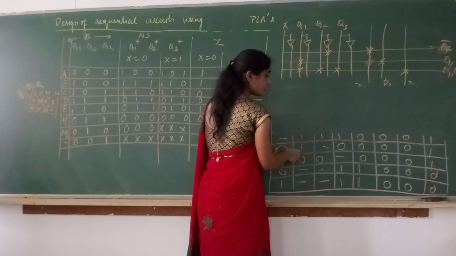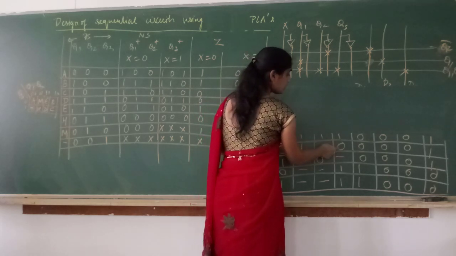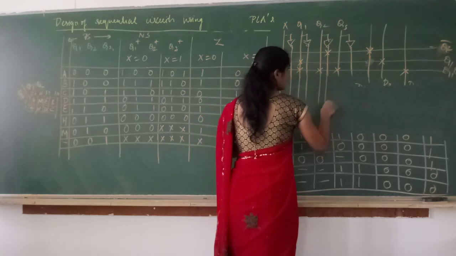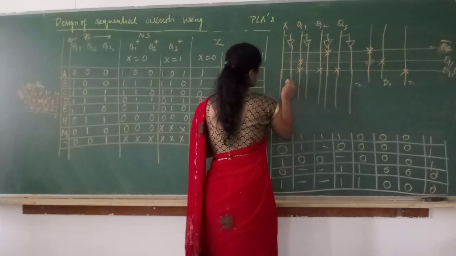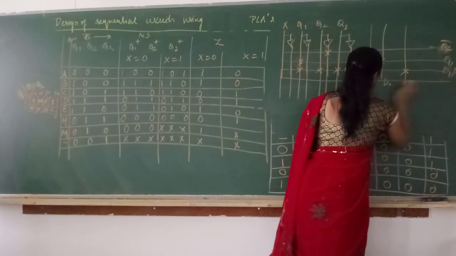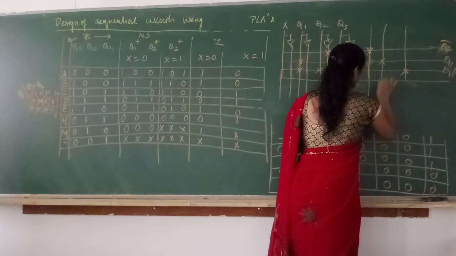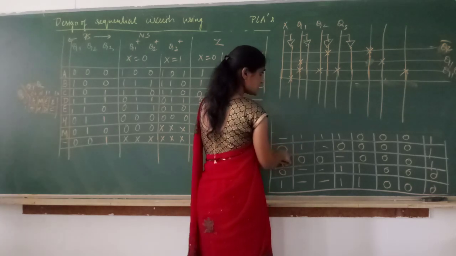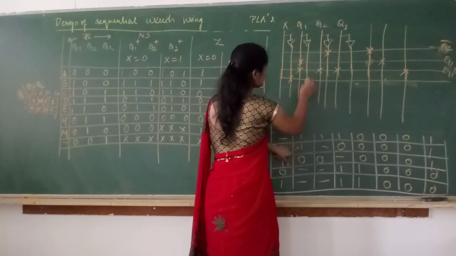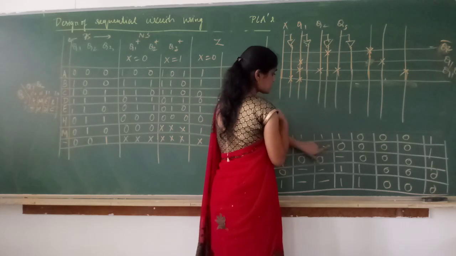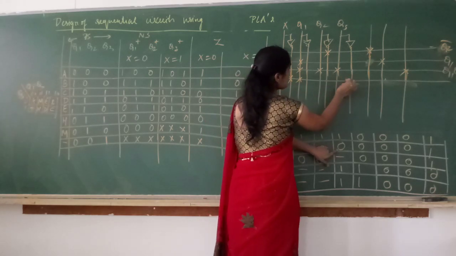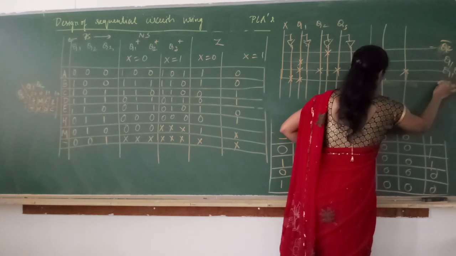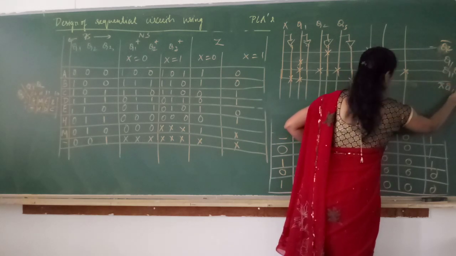X bar, Q1, Q3 bar. Where is Q1? Q1 is connected. And Q3 bar is connected. So this is the second product term: X bar, Q1, Q3 bar.